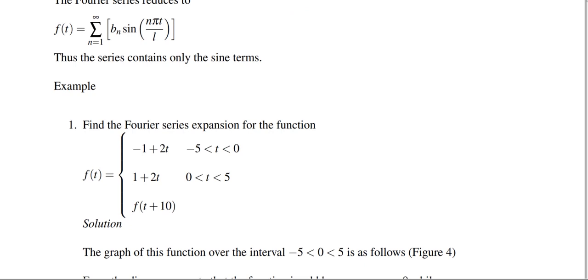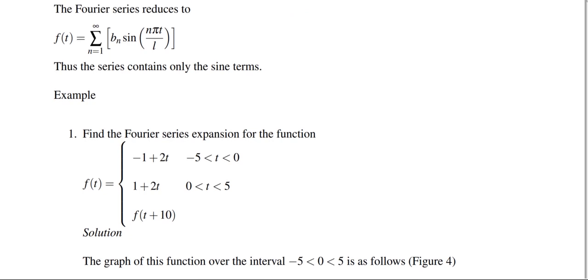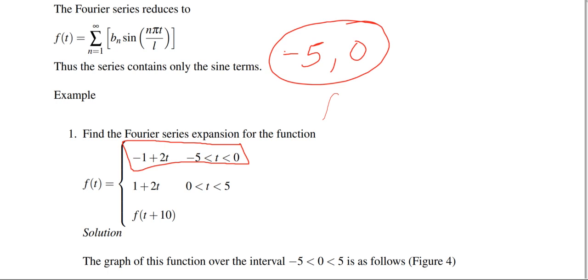And I'll go to the example again, because I had seen that when the function is odd, both a0 and an are 0. If you look at this function and you take this interval and replace t with minus t between minus 5 and 0, in this interval, f of t is defined by minus 1 plus 2t.